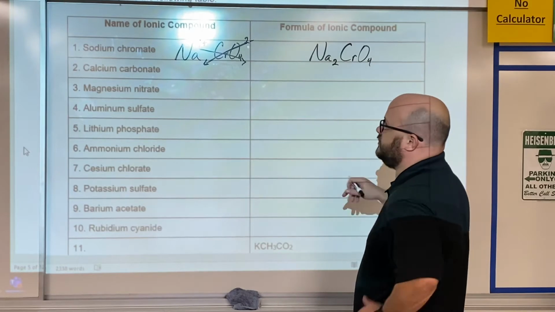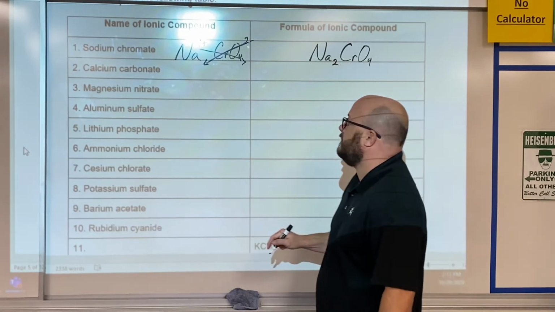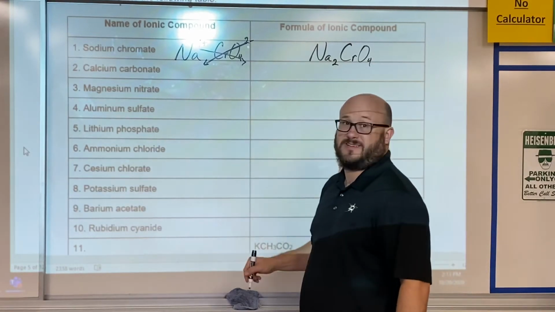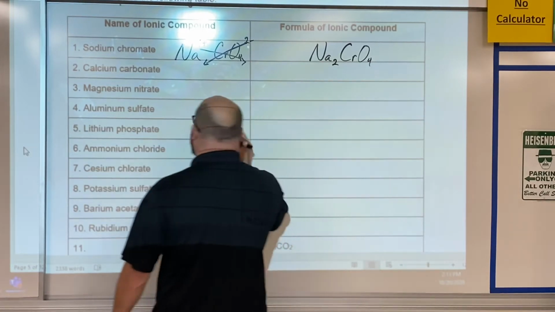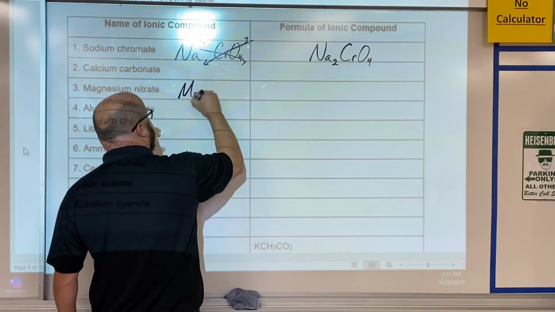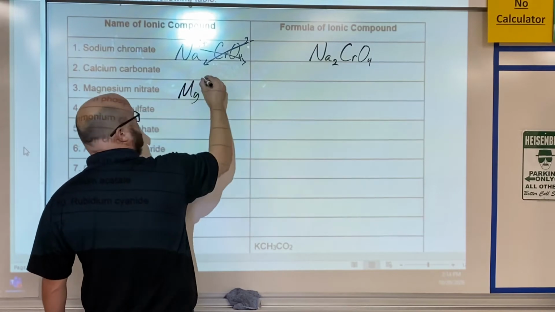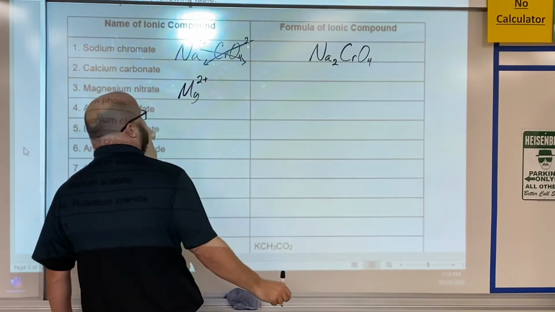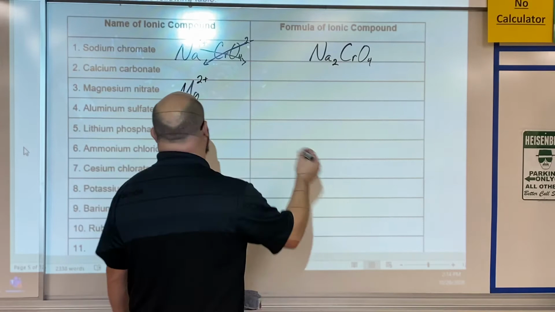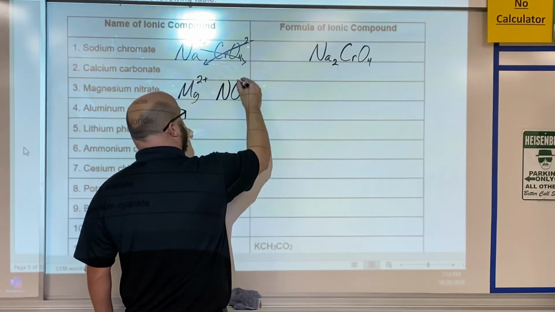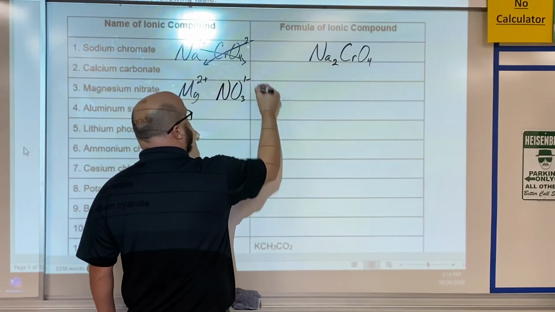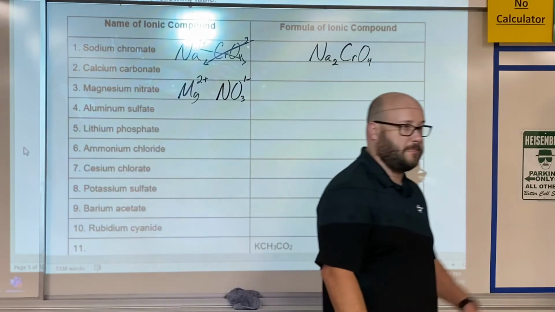Okay, let's go to another one. Magnesium nitrate. Write magnesium out, Mg, and it's a 2+. And then nitrate is NO3, 1 minus.